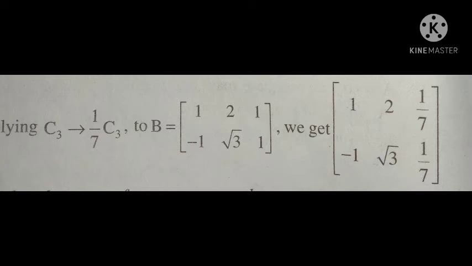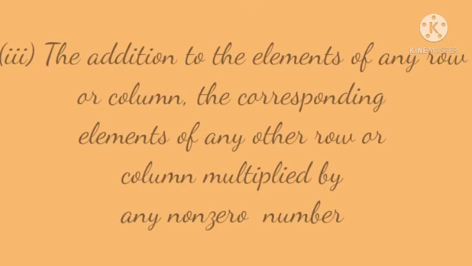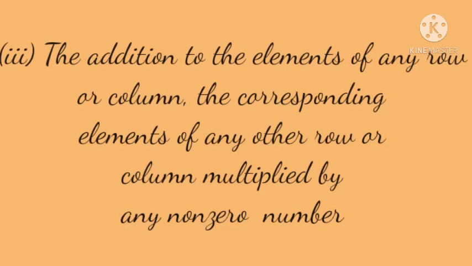The multiplication of the elements of any row or column by a non-zero number. Non-zero number means a scalar. Let's see the third transformation. The addition to the elements of any row or column, the corresponding elements of any other row or column multiplied by any non-zero number. Listen, this is a lengthy transformation, but it is very simple.